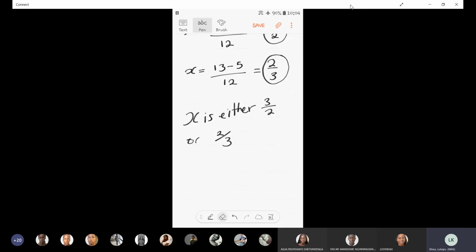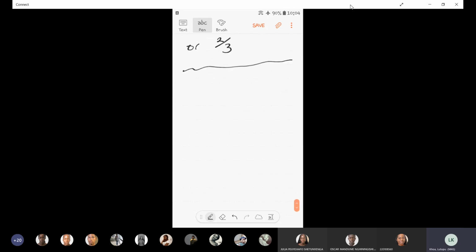Then when I add them, I will get the sum 13 over 6. And if it is 2 over 3, then its reciprocal is 3 over 2. And again, when I add them, I get the same answer. So that is how we would solve that one. So very important that you read the question correctly, you understand it, come up with a quadratic equation, and then solve it.